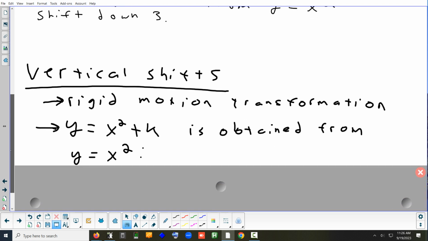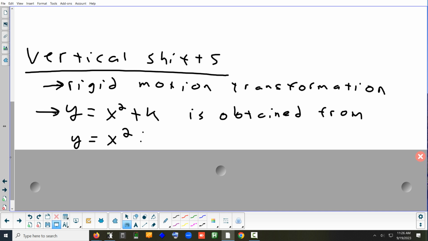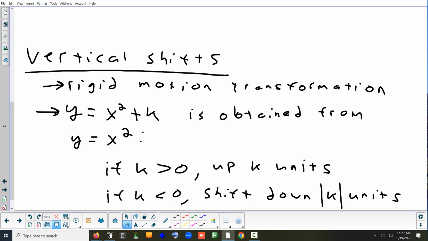And when you have a vertical shift, like we're doing here, vertical is when you add or subtract a number on the end. If the number that you put on the end is a positive number, positive numbers will shift up. Negative numbers will shift down.